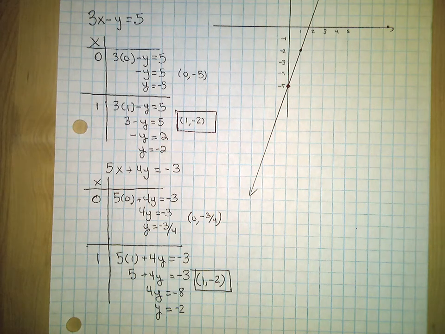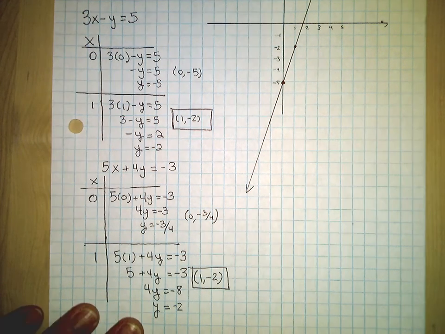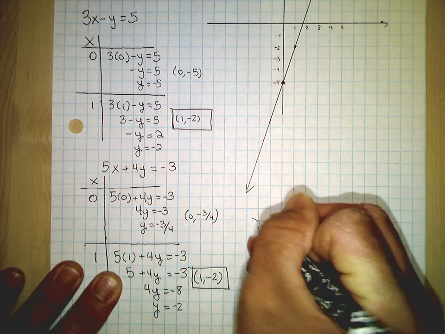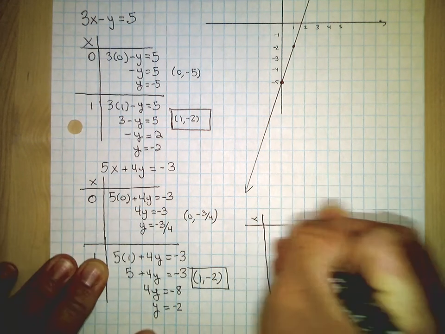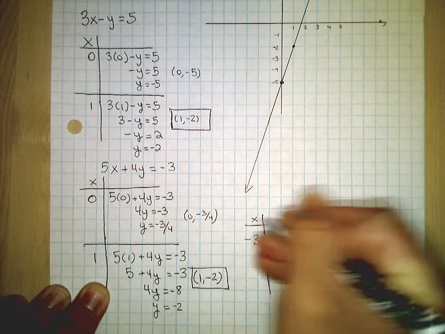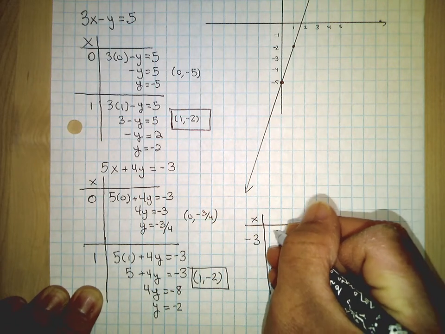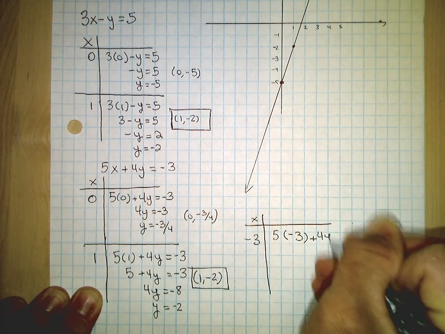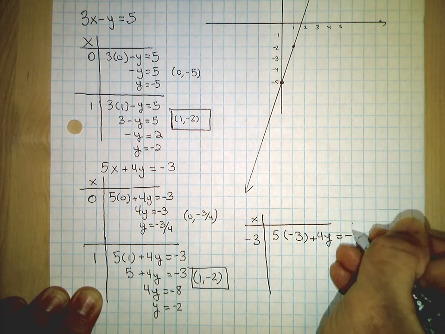Let's see, what else could you pick here? Let's say that you pick a negative 3. So x could be negative 3, and then you have 5 times negative 3 plus 4y is equal to negative 3.